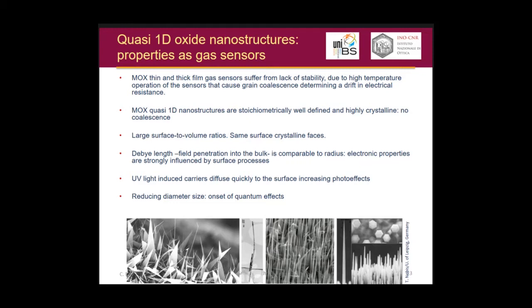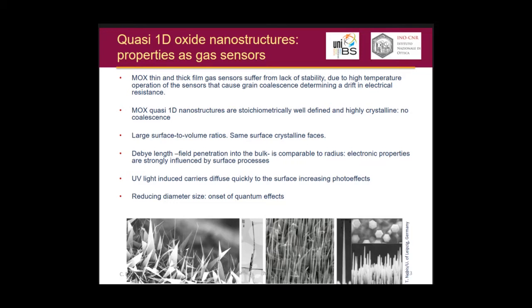Now they have been developed by mainly physical and chemical techniques. The types of materials we are considering are zinc oxide, tin oxide, but also other oxides, indium oxide, copper oxide, and so on.